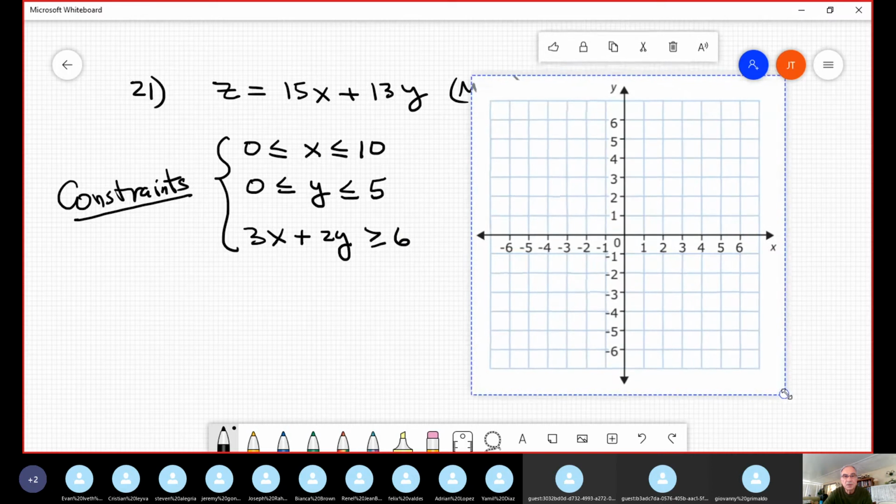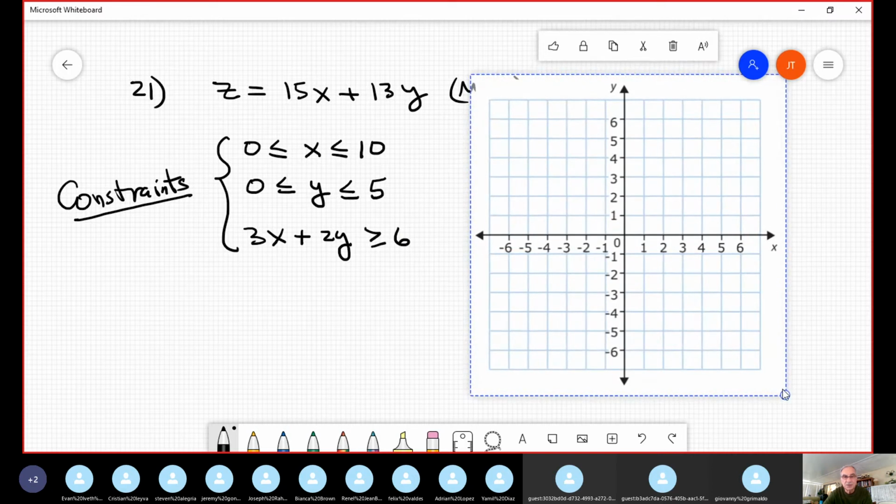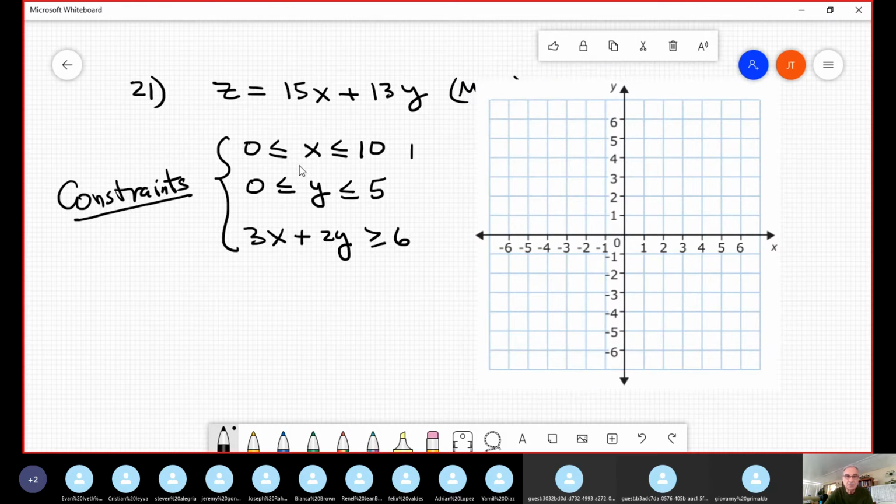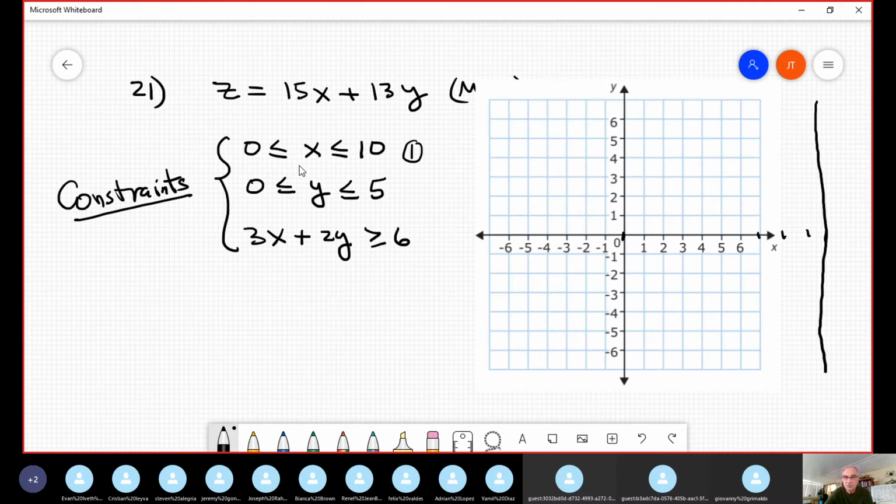Okay. Let me start. The first inequality says x is in between 0 and 10. Here are 7, 8, 9, and 10. Solid line, 90 degrees, and solid here, 90 degrees. Basically, it's that part.